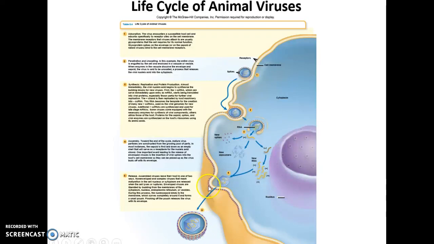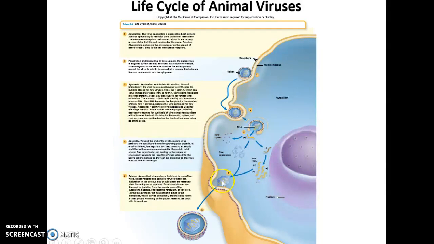Now, another thing that occurs with virus synthesis is you see these new spike proteins. These are going to be synthesized on the interior of the cell, but similar to host cell proteins, they get directed to the plasma membrane. These new spikes also come to the plasma membrane.